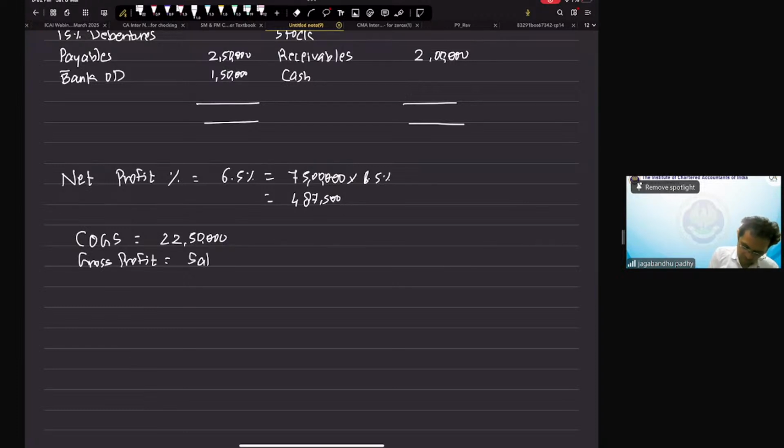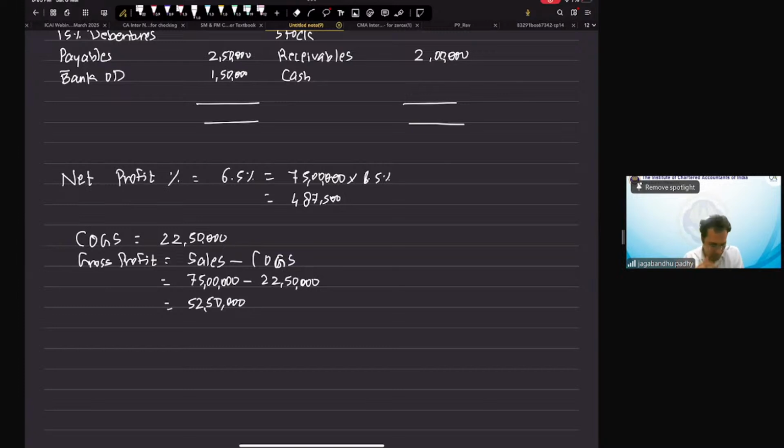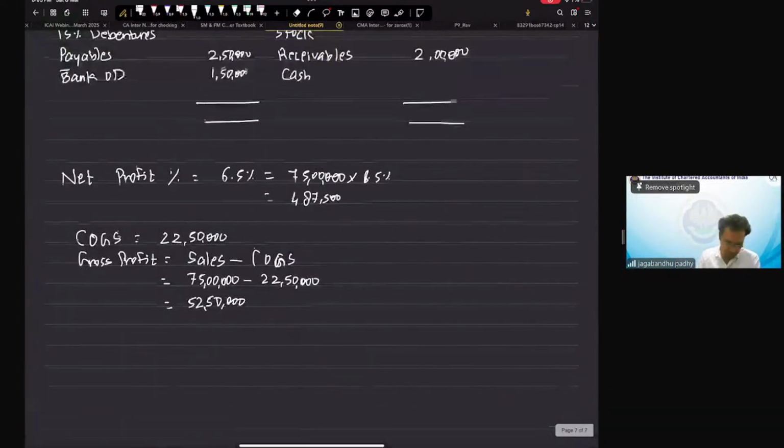Gross profit is sales minus COGS. Sales is 75 lakh minus COGS is 22 lakh 50,000. So how much is the gross profit? 52 lakh 50,000. 52 lakh 50,000 is gross profit.